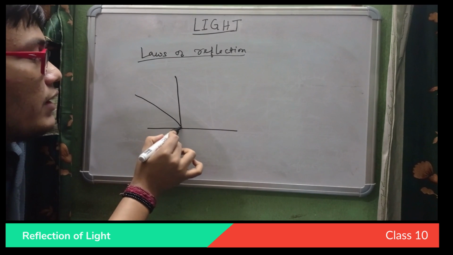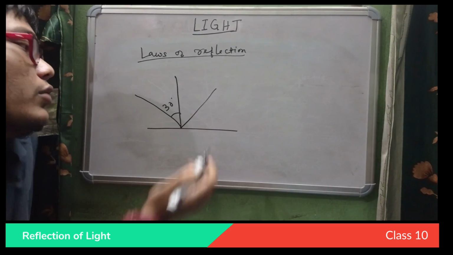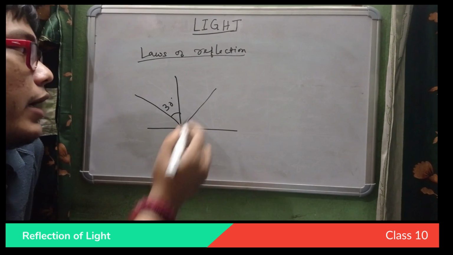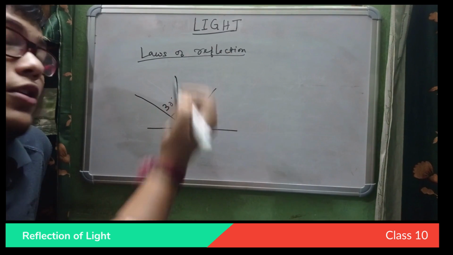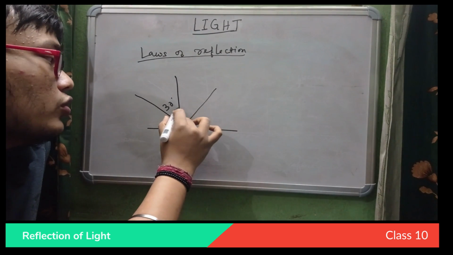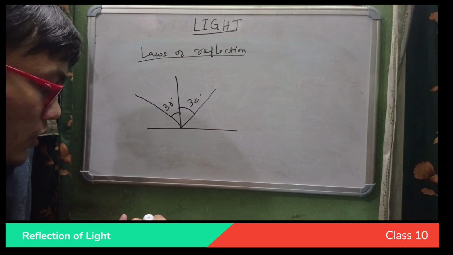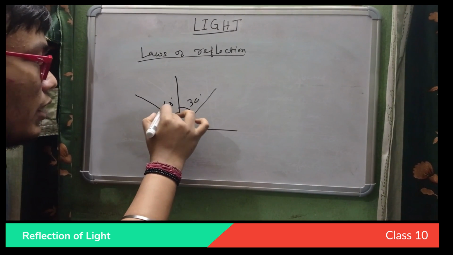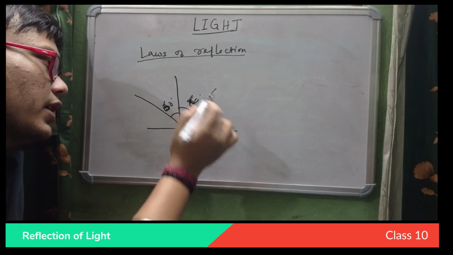If the angle of incidence is 30 degrees, then what should be the angle of reflection? According to the second law of reflection, it should also be 30 degrees, right? If it is 60 degrees, again similarly, the angle of reflection should also be 60 degrees, right?